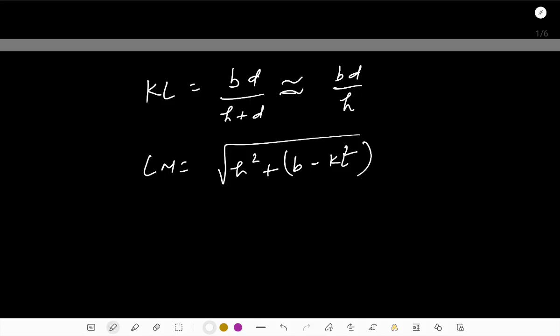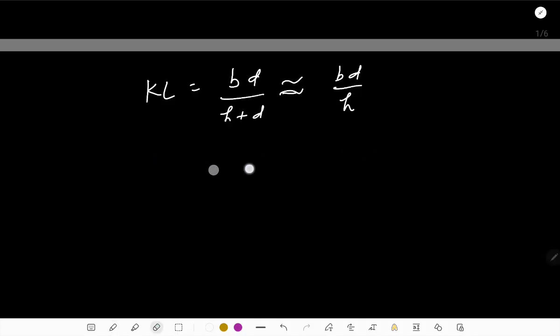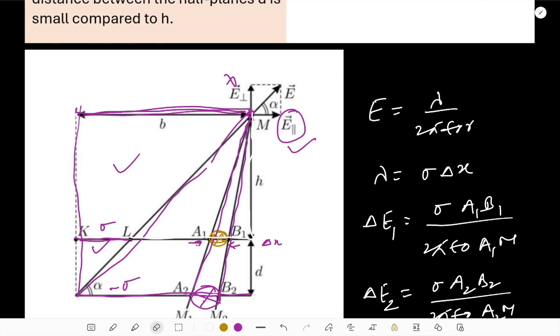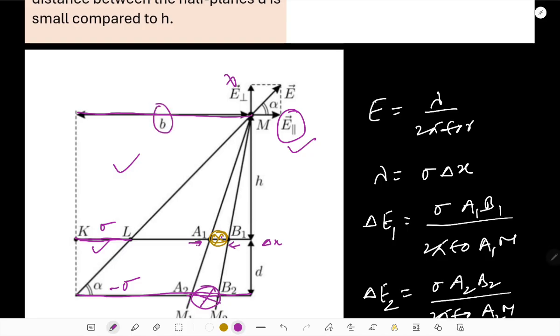And what was B in fact? Before considering anything else, you can see what is basically B. B is this length. Though B is infinity, still we are taking it as a finite length. If you take it as a finite length, though it is infinite, we will put B tends to infinity later.